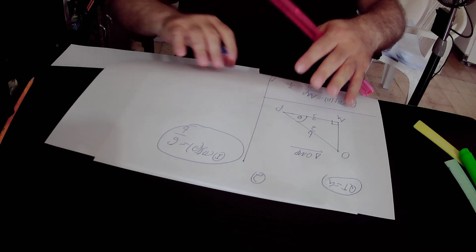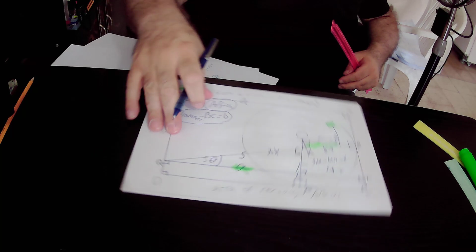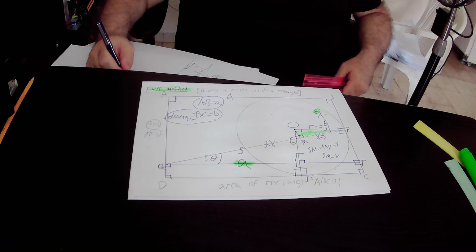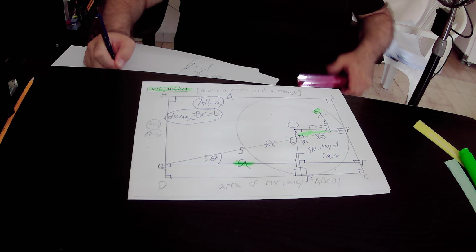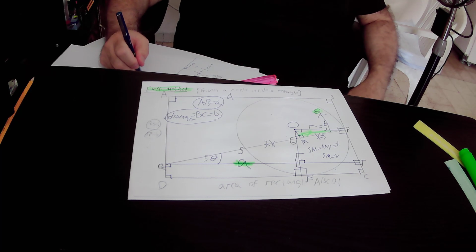In the next step, we'll focus on the right big triangle QPT. What is the value of cosine theta?